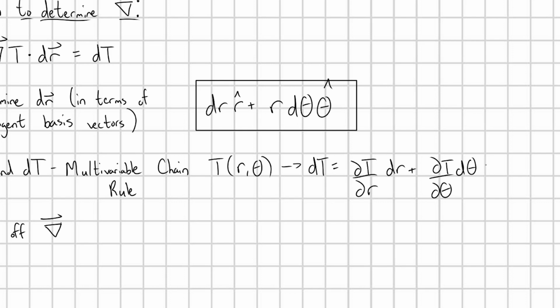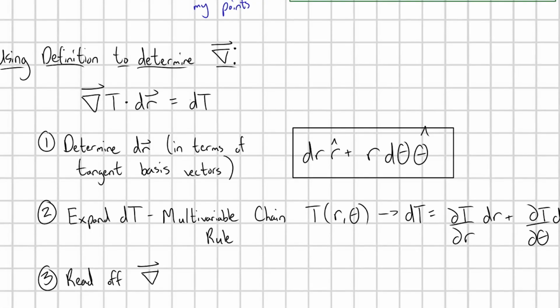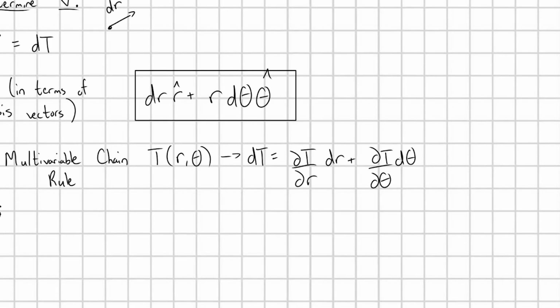I think it's very important that I distinguish the multivariable chain rule from what we're trying to do. We're trying to relate the change in temperature to when we move in a displacement vector dr. This guy here tells us if I just change each of my coordinates one at a time, first I change r, then I change theta, what's the corresponding change in temperature?